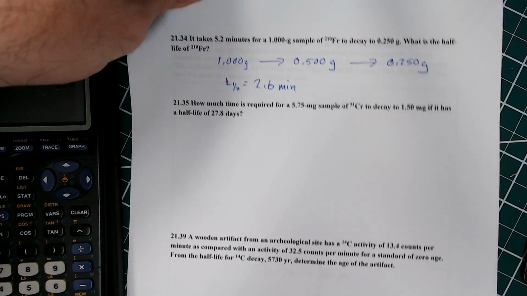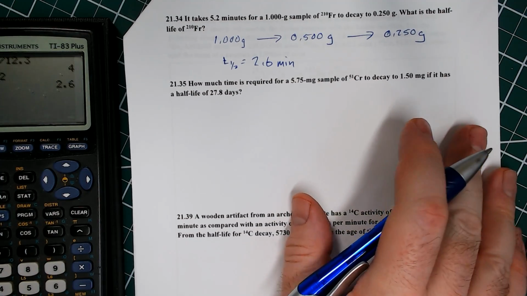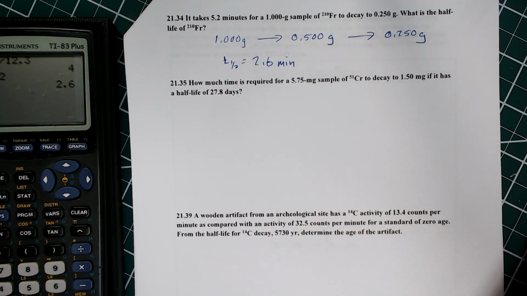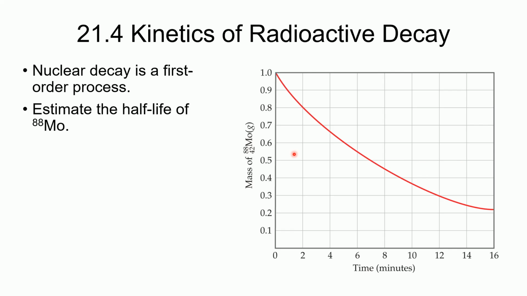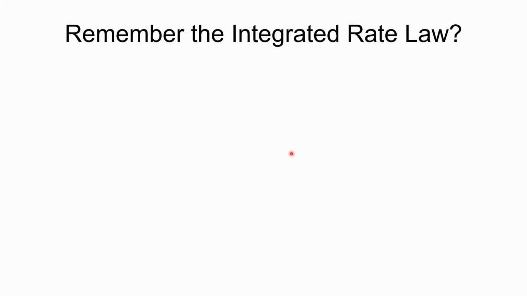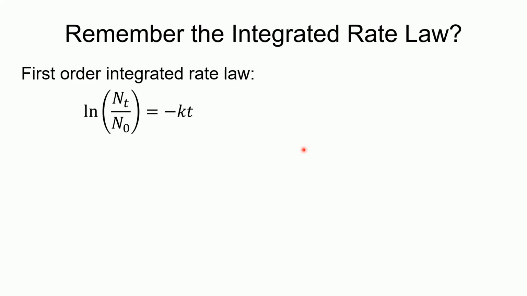2.6 minutes. Okay, so let's look at the equations for our first order rate law. So you may or may not remember the integrated rate law, and so our first order integrated rate law is this.